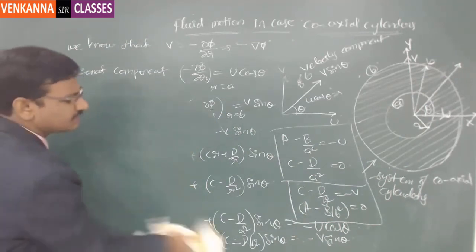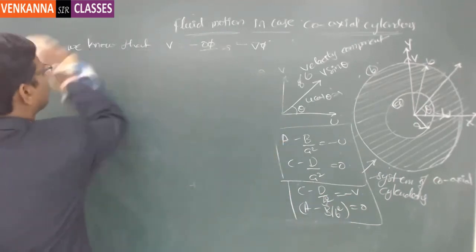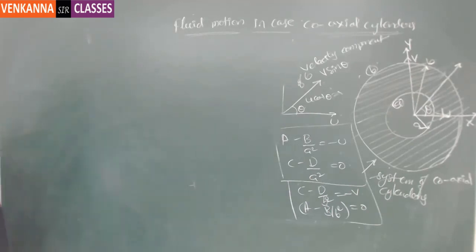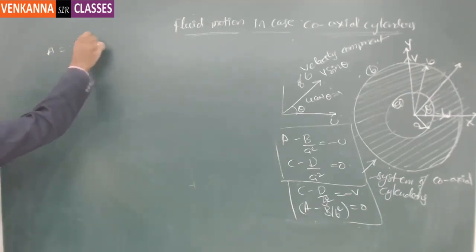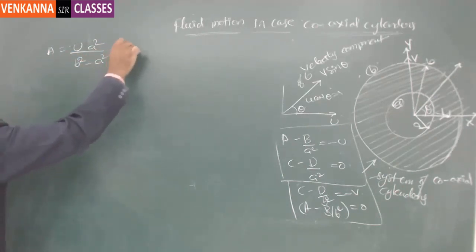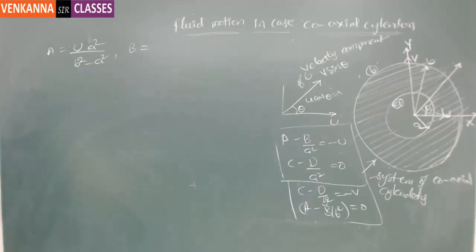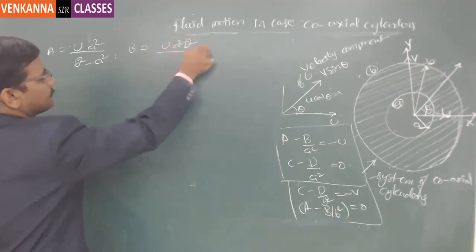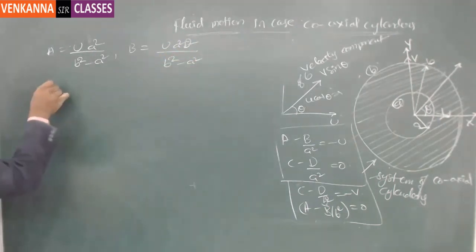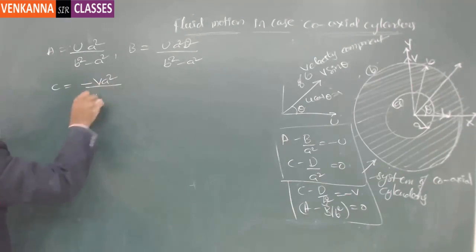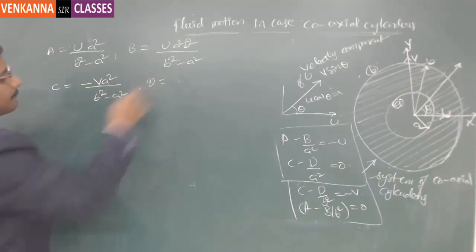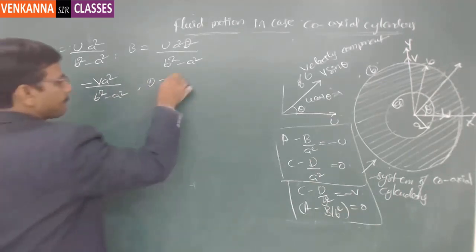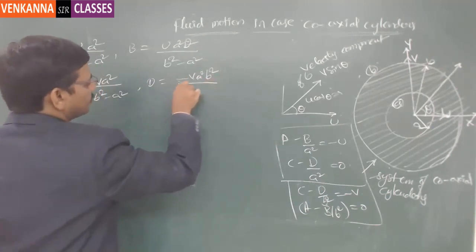Now, based on the solutions of these four equations, A is equal to Ua² divided by (b² − a²), and B is equal to Ua²b² divided by (b² − a²), and C is equal to minus Va² divided by (b² − a²), and D is equal to minus Va²b² divided by (b² − a²).